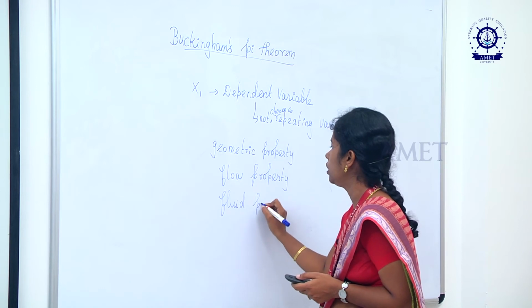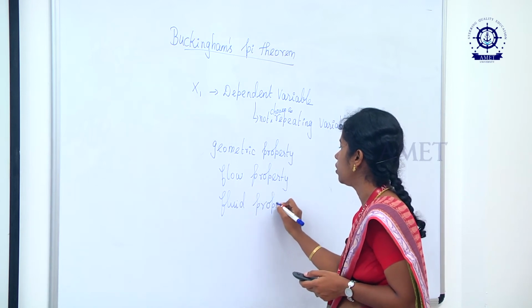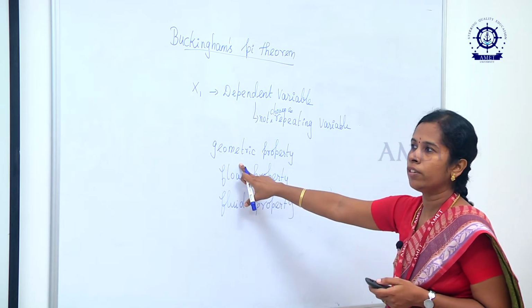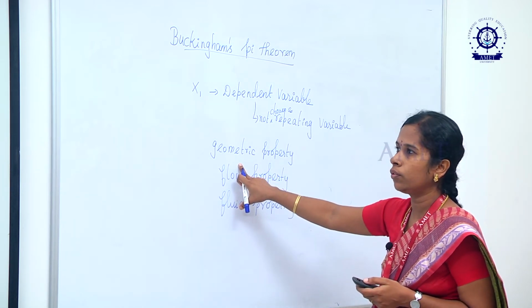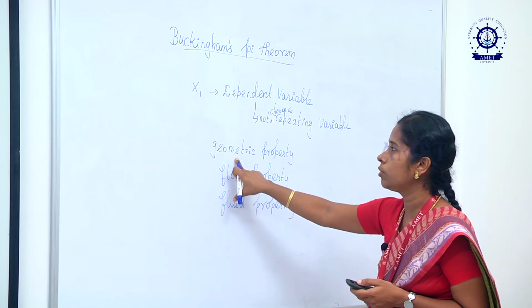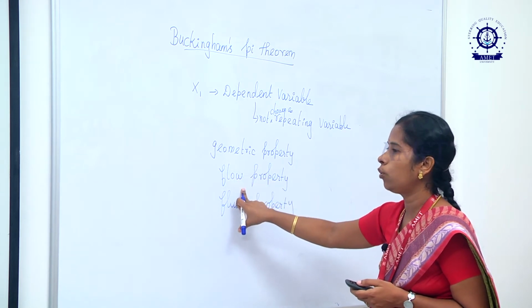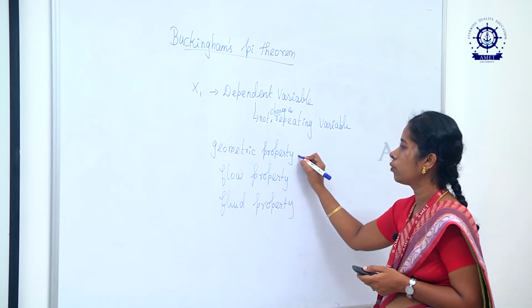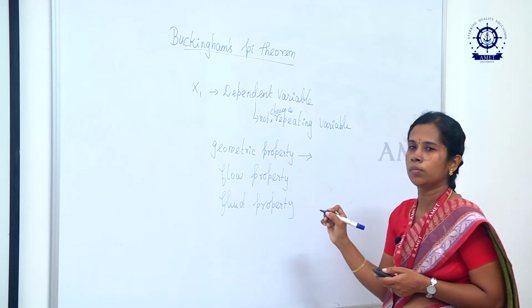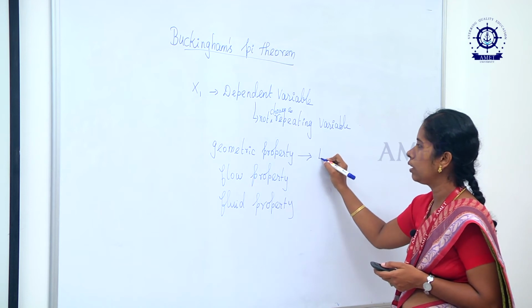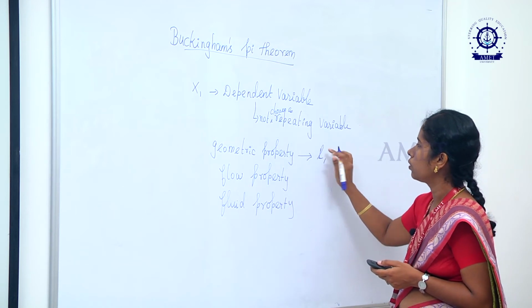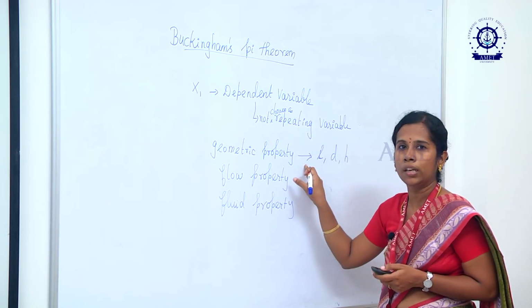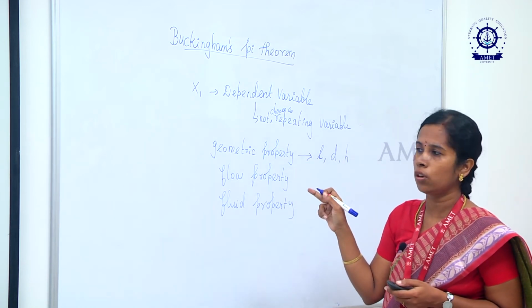So all these three should be present in the expression. What are the geometric property variables? It can be length, diameter or height, as they tell you about the geometry of the object.